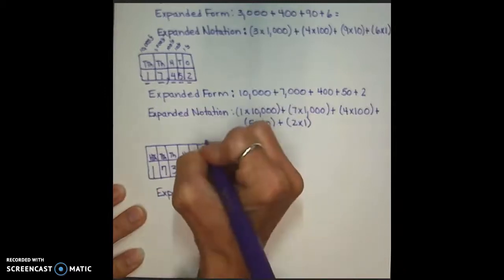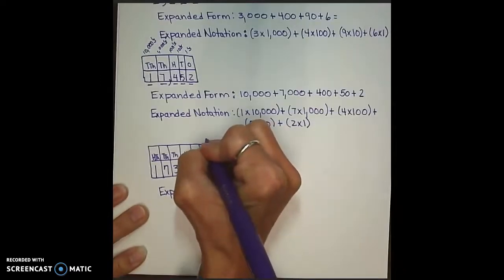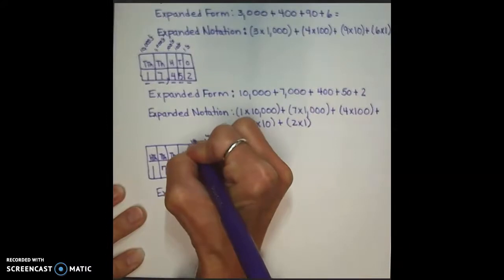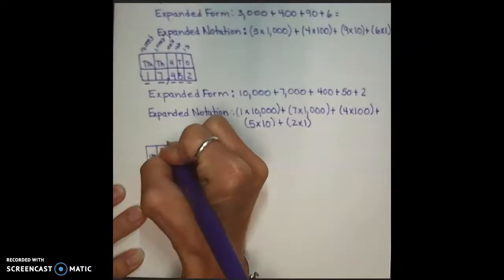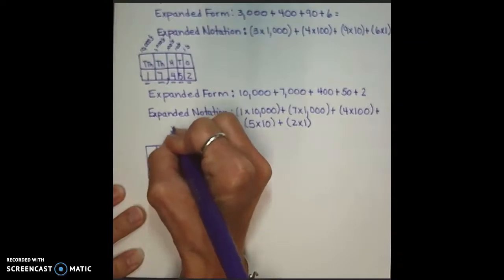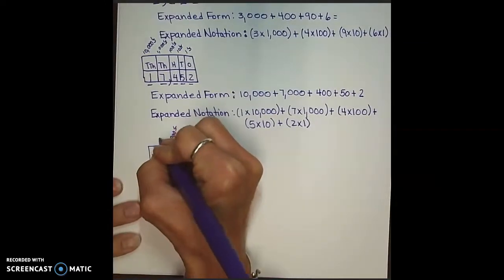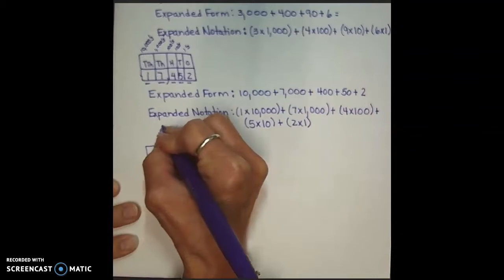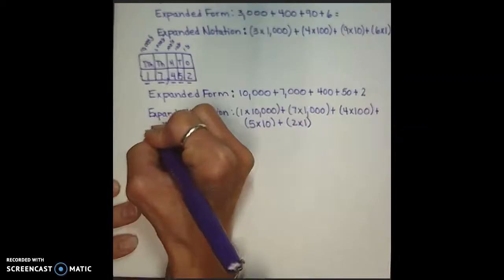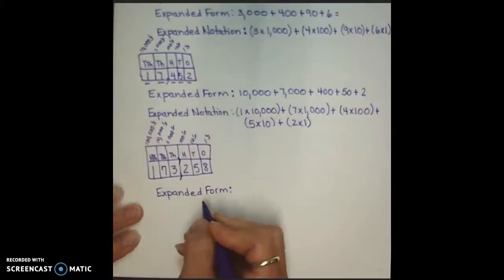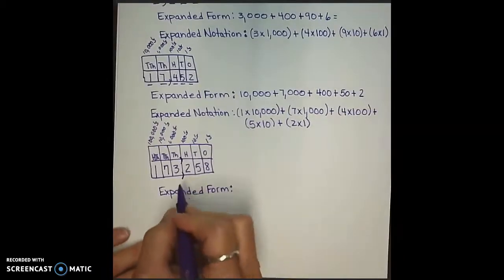Miss Tier's going to put my number values: ones, tens, hundreds, thousands, 10,000s, and 100,000s. Okay, so I start in the greatest place first.